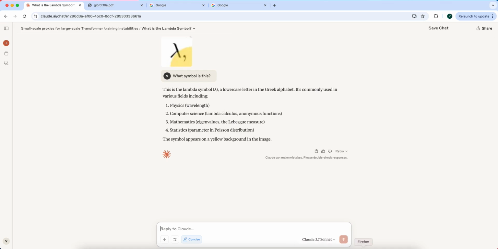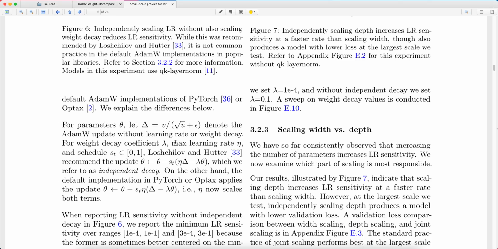Lambda. Yes, okay, lambda. Max learning rate eta and schedule s_t in [0,1]. They recommend the update theta minus learning rate times delta, minus lambda times the parameter, which we refer to as independent decay.